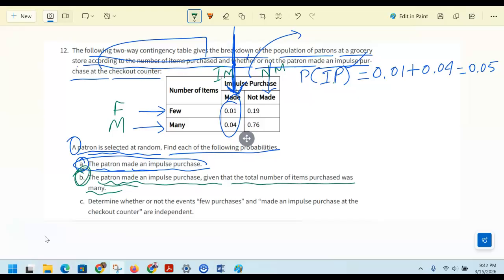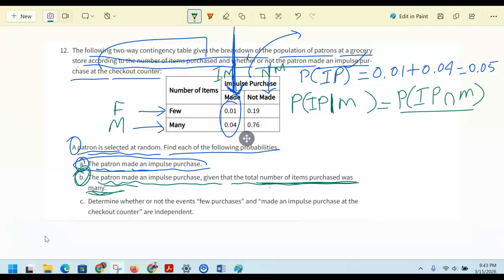Because the question says given that the number of items was many, we have to use conditional probability. What is that? The probability of impulsive purchase and many, divided by the probability of many.